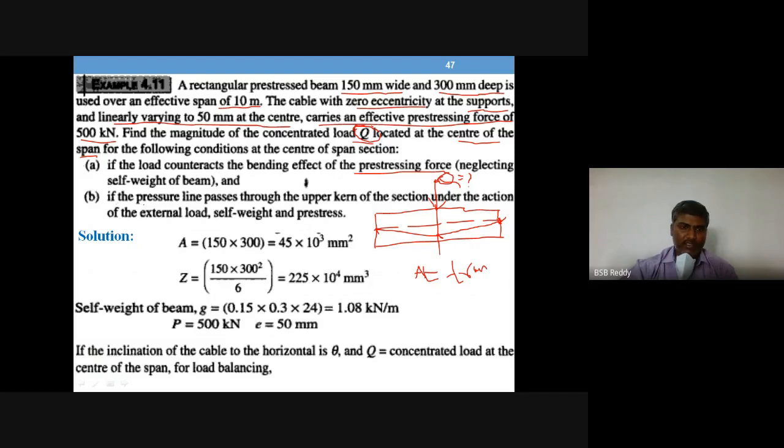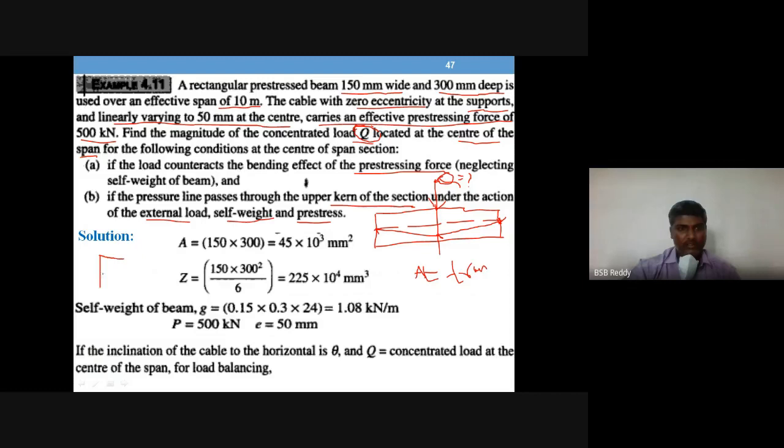And case B is if the pressure line passes through the upper kern of the section under the action of the external load, self weight, and pre-stress. What is the Q value? Upper kern of the section in the sense: the resultant stress diagram has three possibilities.